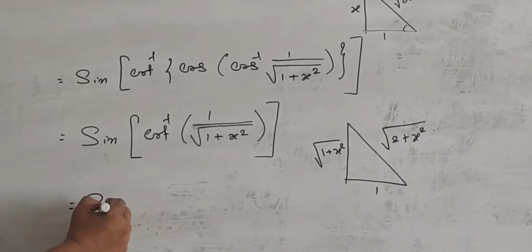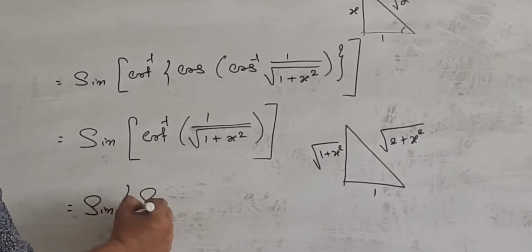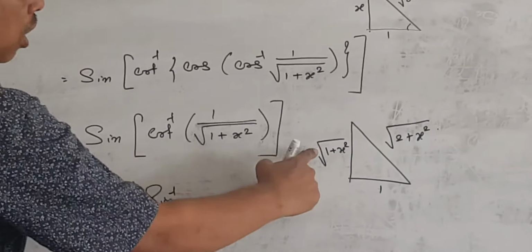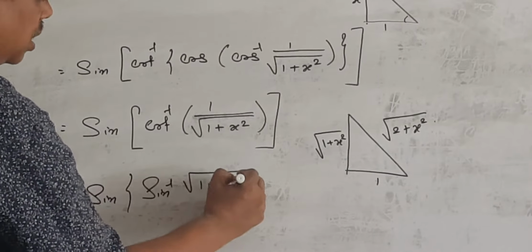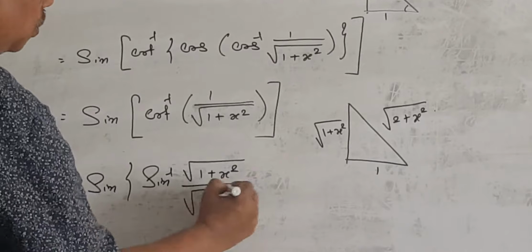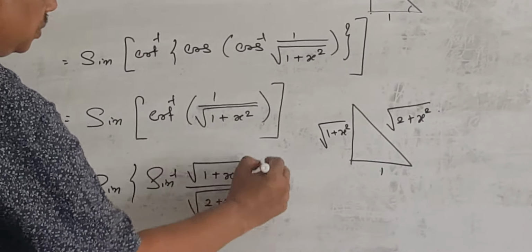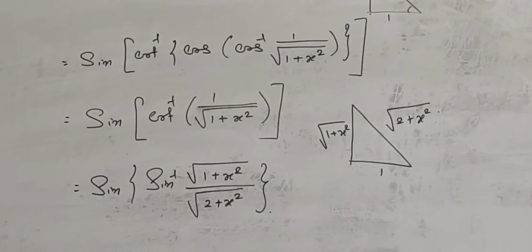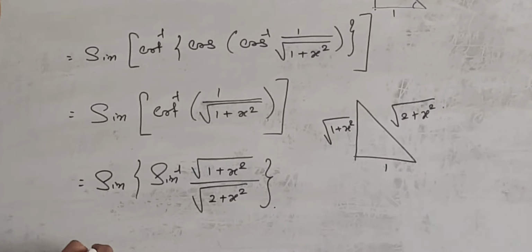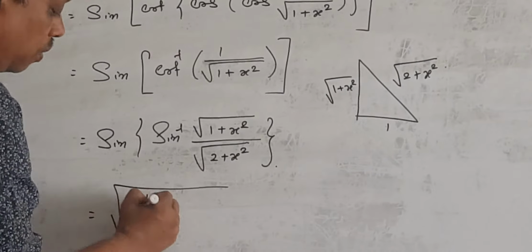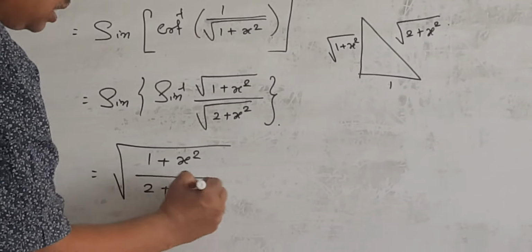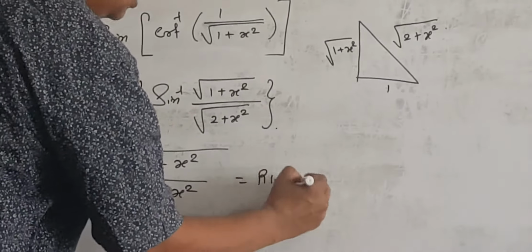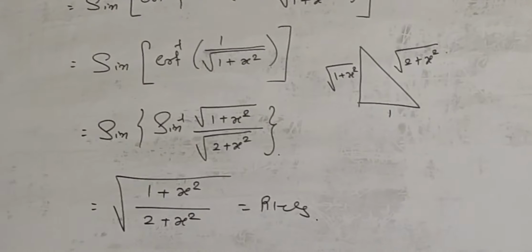So the remaining is sine of sine inverse, opposite side upon hypotenuse, so root of 1 plus x square upon root of 2 plus x square. The sine of sine inverse y is y, everyone knows. So that is root of (1 plus x square) upon (2 plus x square), which is equal to the RHS. Is that okay?